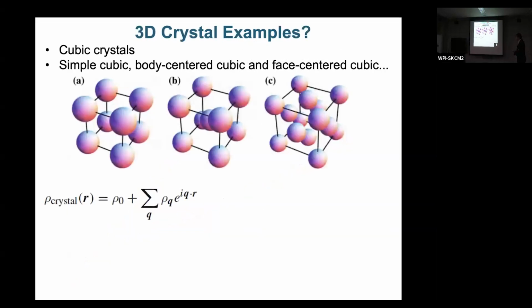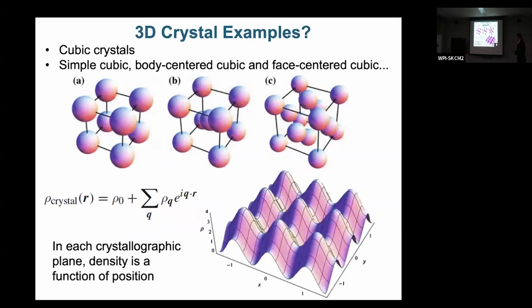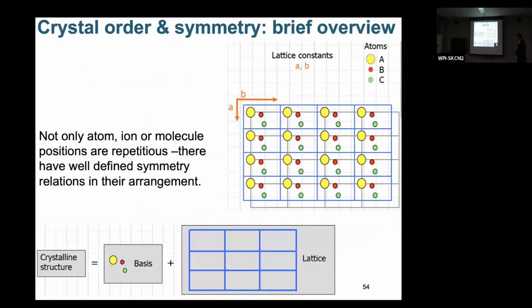So we know very well that this symmetry breaking can involve positional and orientational ordering from the examples that we discussed.